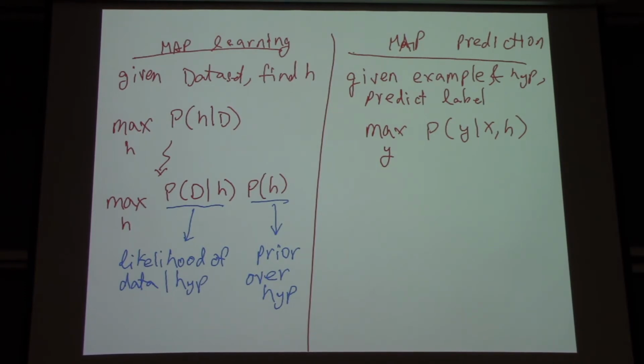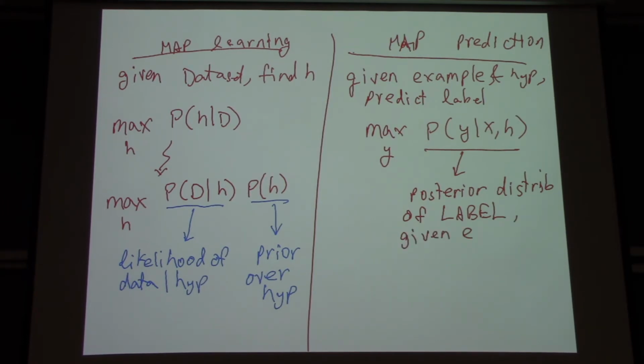And this is the posterior distribution of label given example and the parameters. The main difference is here we are finding a hypothesis, here we are finding the label.